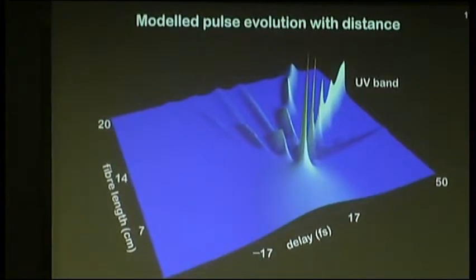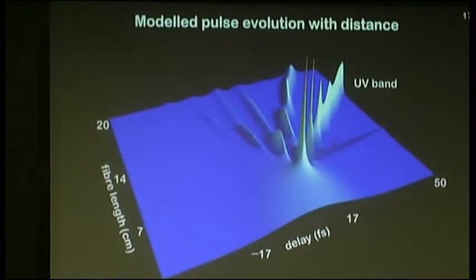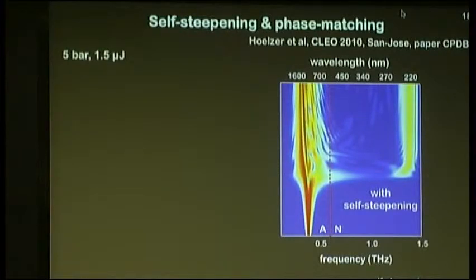So it's generated, it's very strong, and the remainder of the 800 nanometer light does various interesting things, or not so interesting things. But what we're really interested in is that ultraviolet band that's generated. So what is actually going on here? To try and understand what is actually happening, there are two things. There's the process of self-steepening, which is a well-known term in the nonlinear Schrödinger equation, and phase matching.